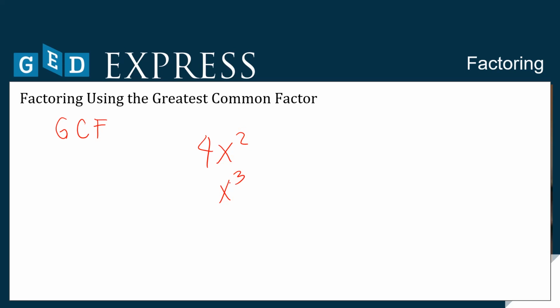You can rewrite these terms showing all of their factors. 4x squared is 2 times 2 times x times x. This one, x cubed, is x times x times x. As you look at these rewritten terms, you can see that they each share x as a factor.